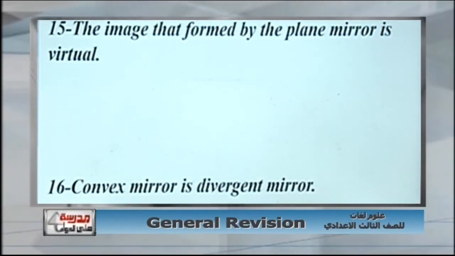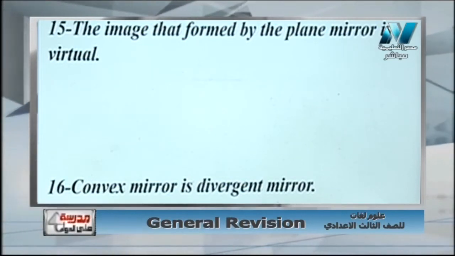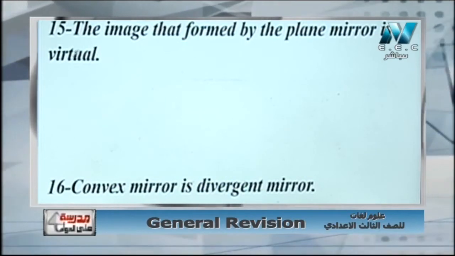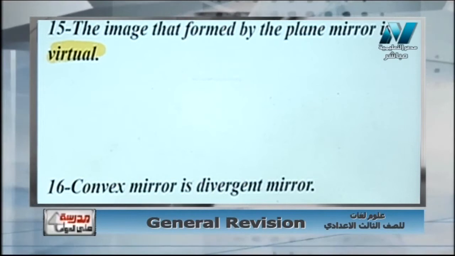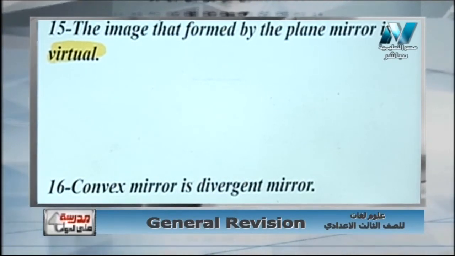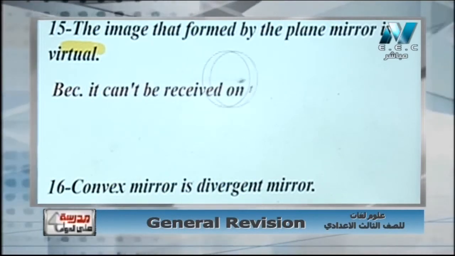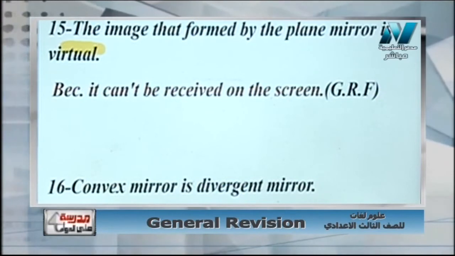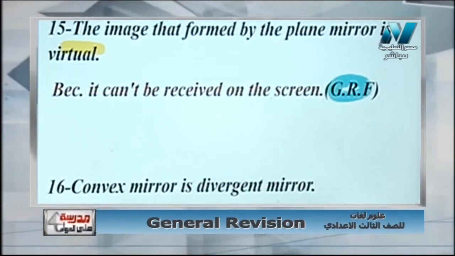Number 15. The image that is formed by the plane mirror is virtual. So here we have to answer by using what is meant by virtual. Virtual is what? Because it can't be received on the screen. Suppose we have this as a give reason for question.